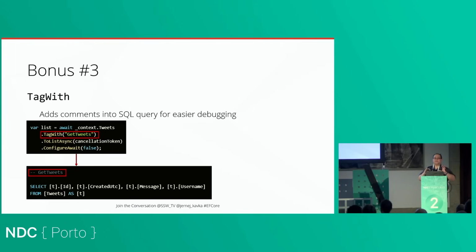I have actually built reports now where I can just have columns of different TagWith queries, and it gives me a chart of which of the queries are most problematic. And because I have this comment over here, I know exactly which file to blame. I can just say, this get tweets is okay, but there's a couple of other queries.